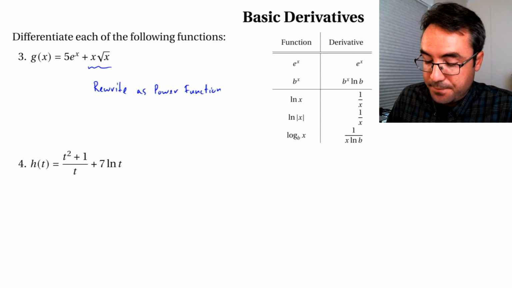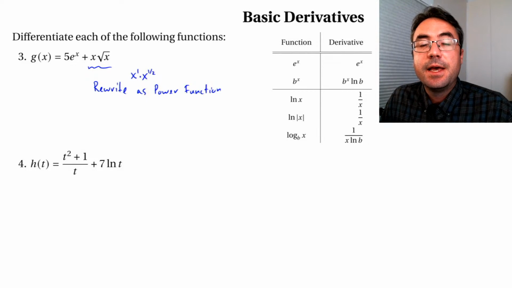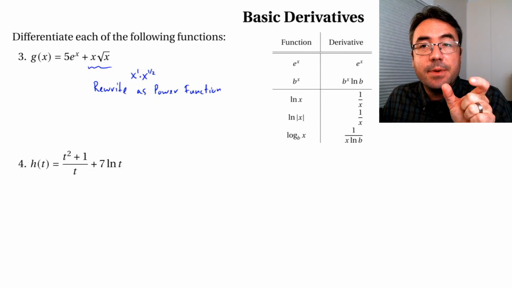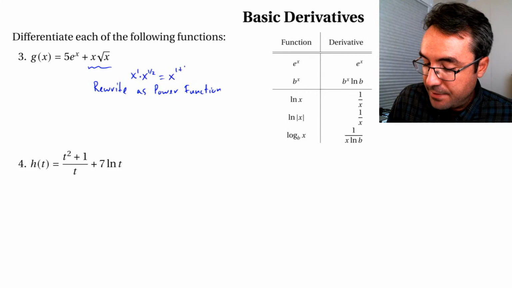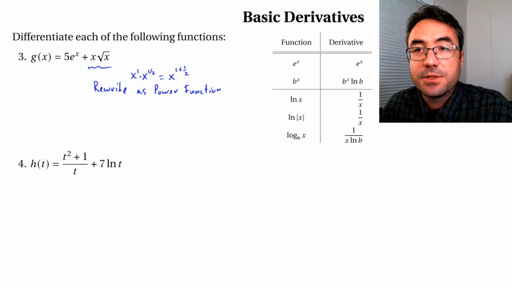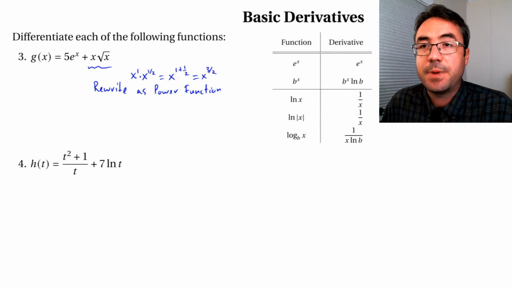And we can, because it's really just x to the power 1 times x to the 1/2. And when we have the same base term, how do we combine them into one power function? Well, we add the exponents. So it would be x raised to the 1 plus 1/2, or more simply, x raised to the 3/2 power.